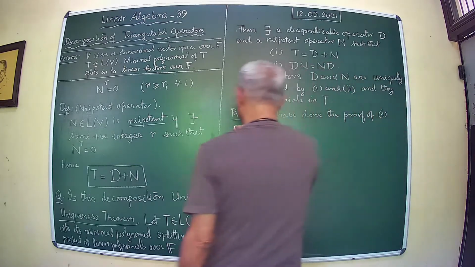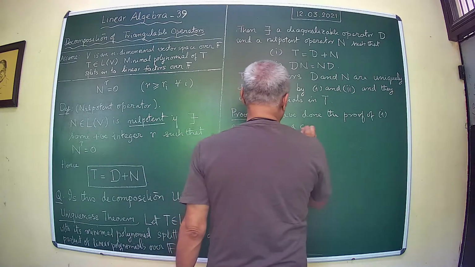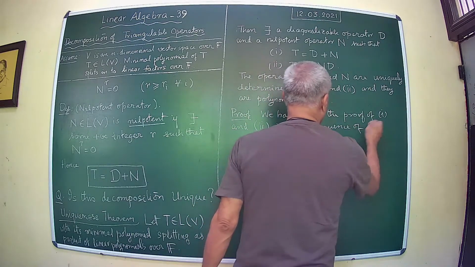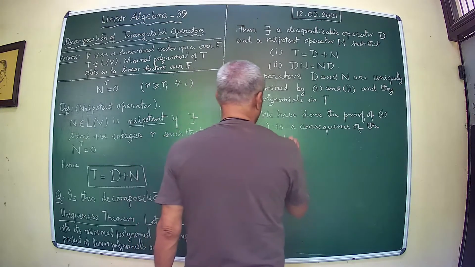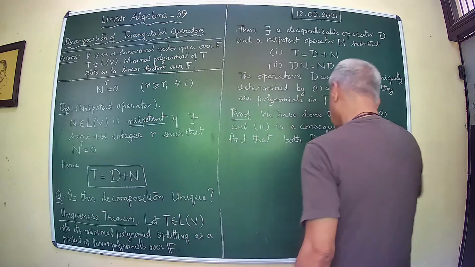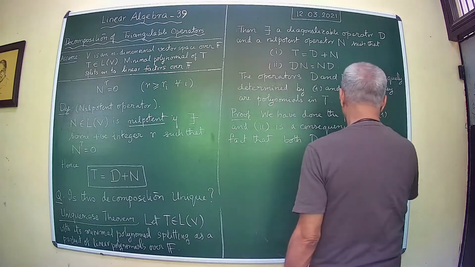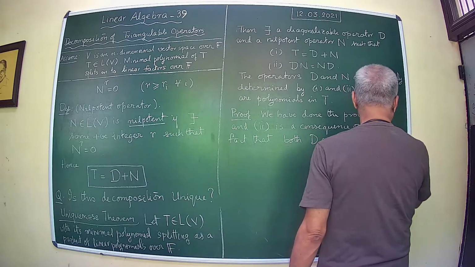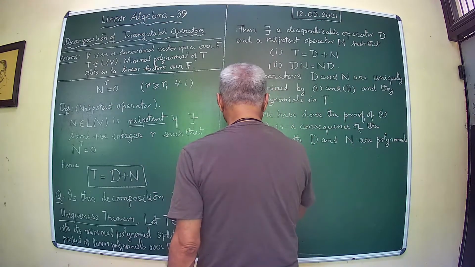The commutativity is a consequence of the fact that both D and N are polynomials in T. See, this follows from the following.